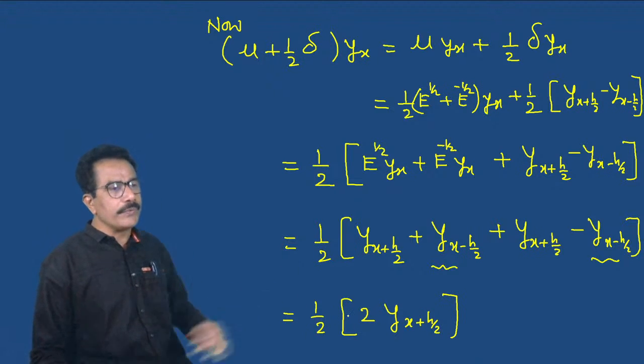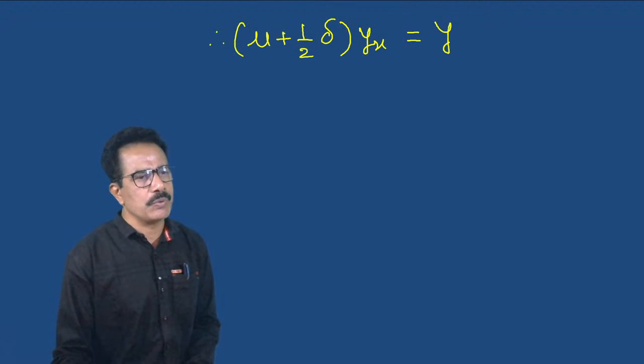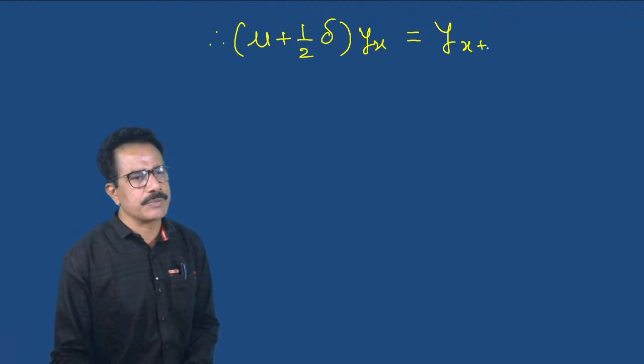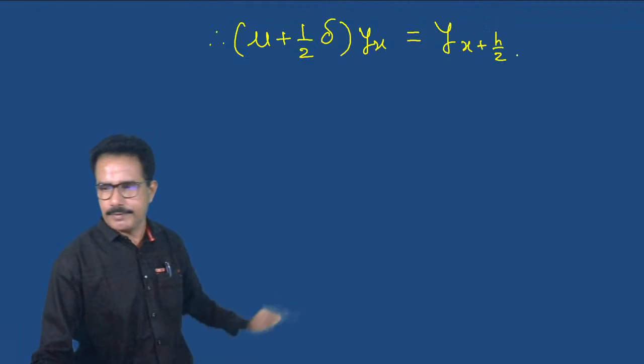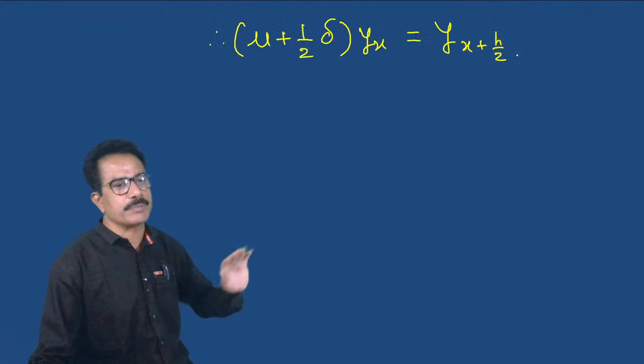Again this 2 will get cancelled, then what is the remaining term? Mu plus 1 by 2 delta of yx, which is equal to y of x plus h by 2.